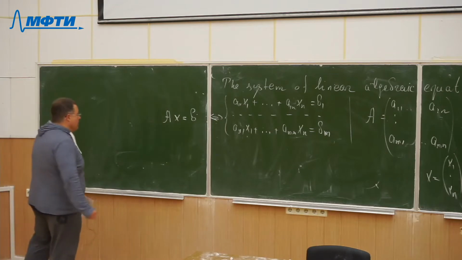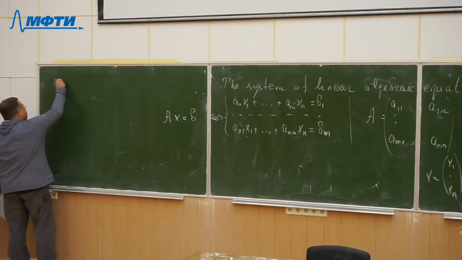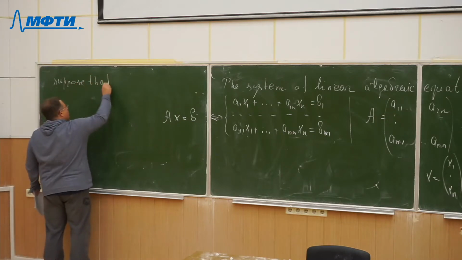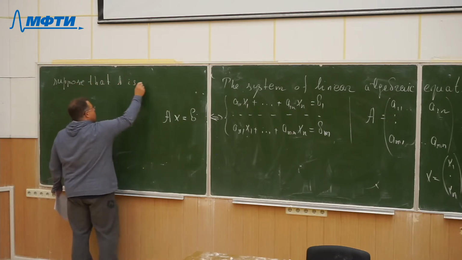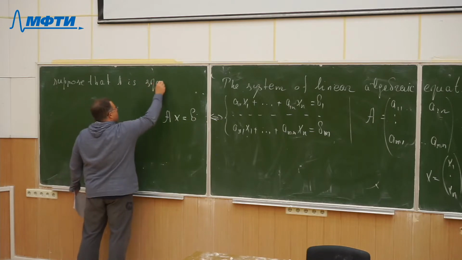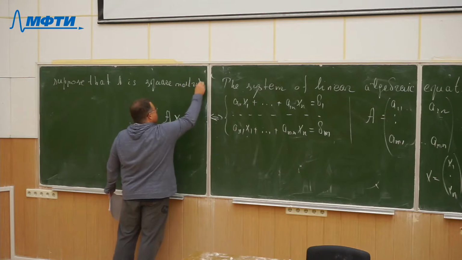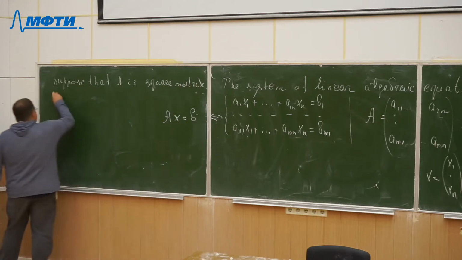Suppose that A is a square matrix, n times n.